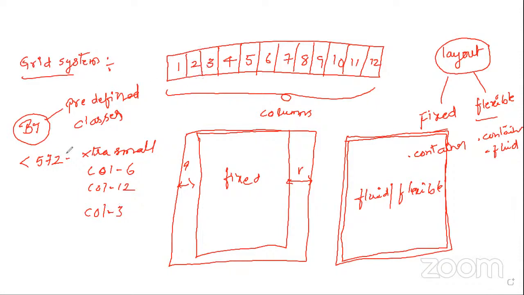In extra small devices, let me create one simple row. Guys, first let me explain the different gadgets available in the market as per their resolutions. Lesser than 576 is extra small devices.